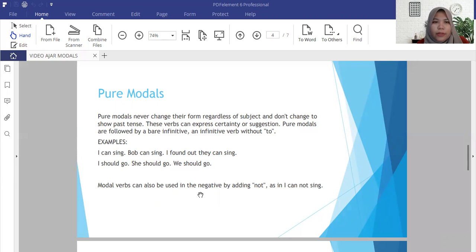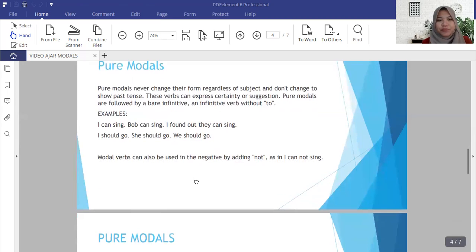And if we already use should, for example, we do not need to change the structure when we need to use the past tense. The modal itself stays the same. We use the infinitive or base form after the word should.